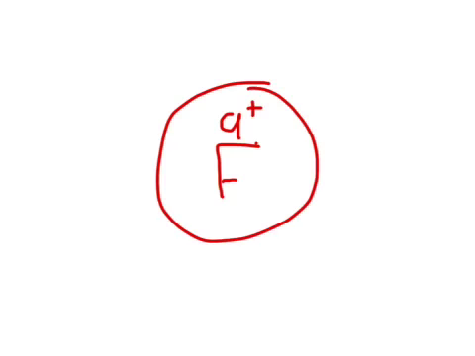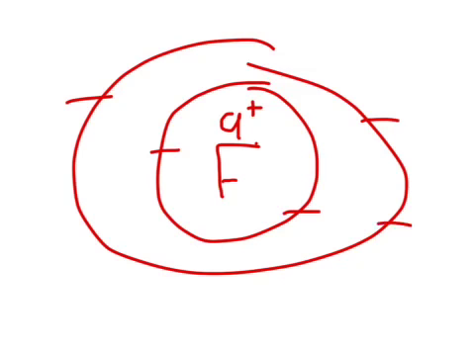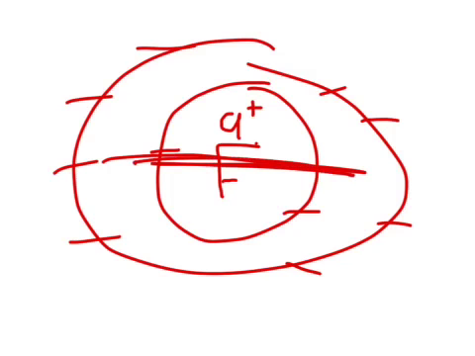On the other hand, fluorine had 9 protons and 9 electrons, and now it has 10 electrons, which means it has one more electron than protons, which means overall it is negative.